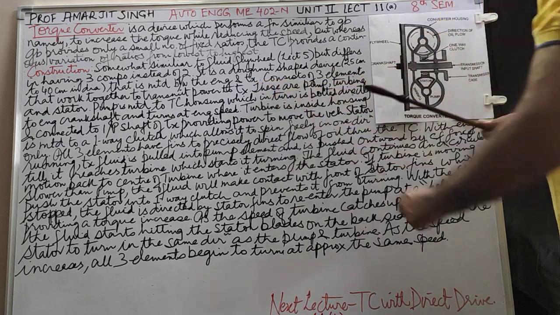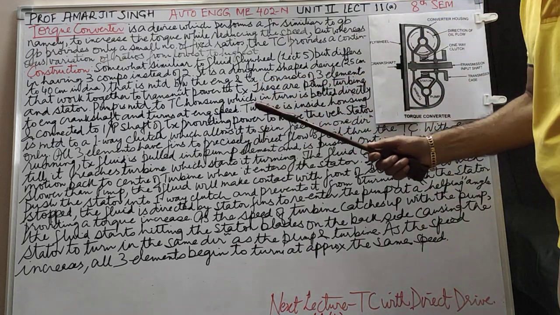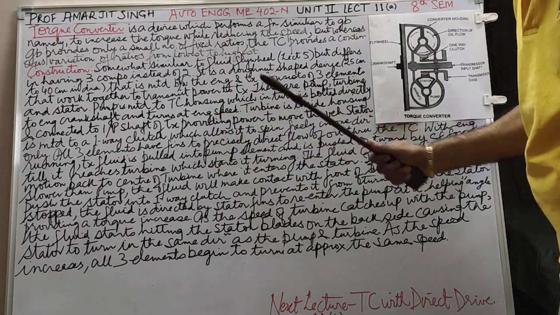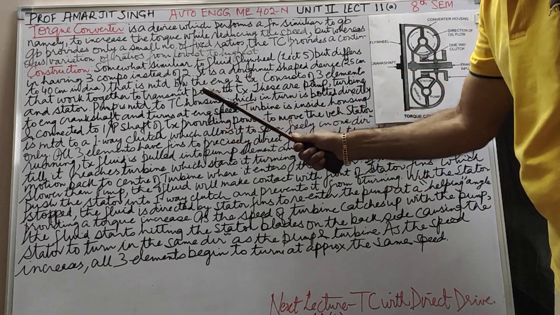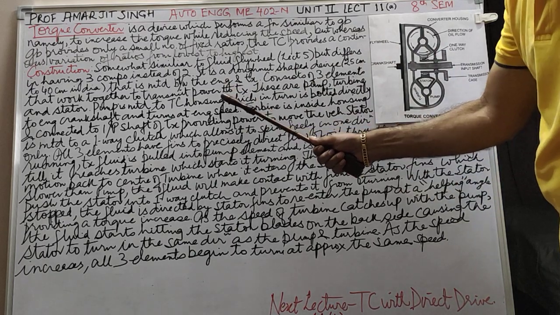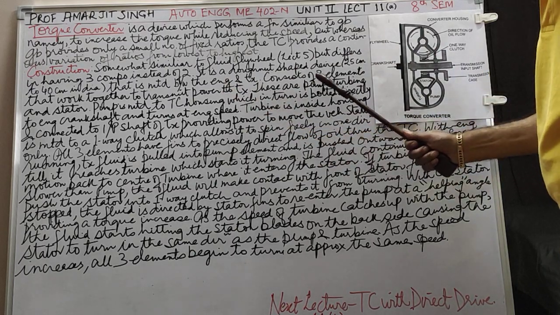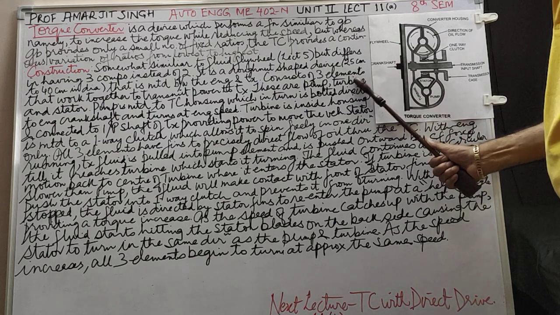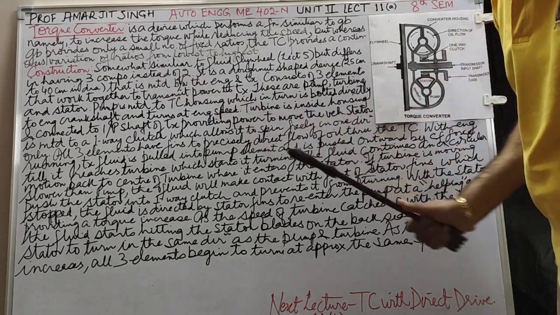This consists of three elements that work together. All three work together to transmit power to the transmission. These are the pump, turbine and stator.